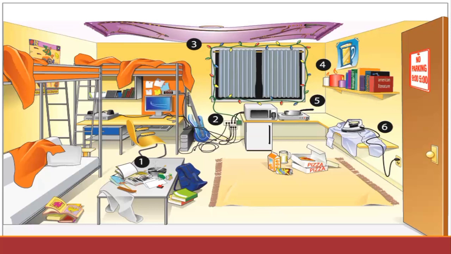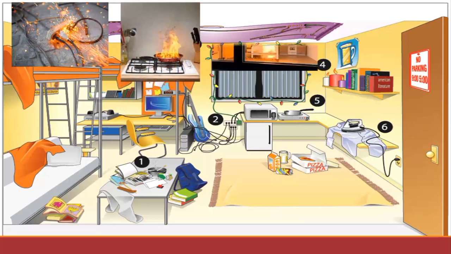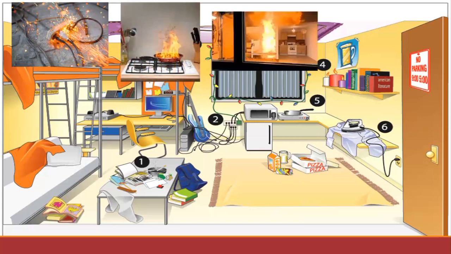And then ironing on flammable surfaces. In just a few seconds, there is a possibility that the clothes can burn. Another, you may consider the electrical wirings. Those are examples of fire hazards.